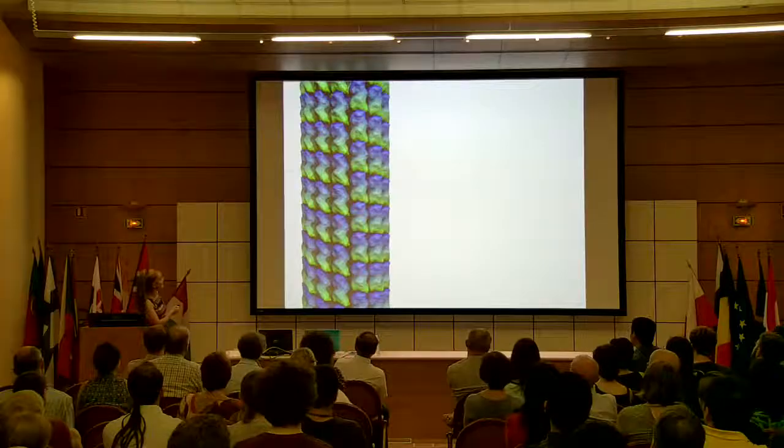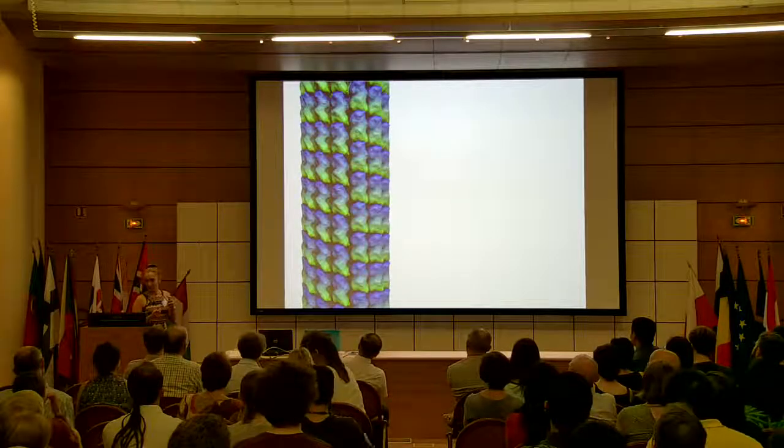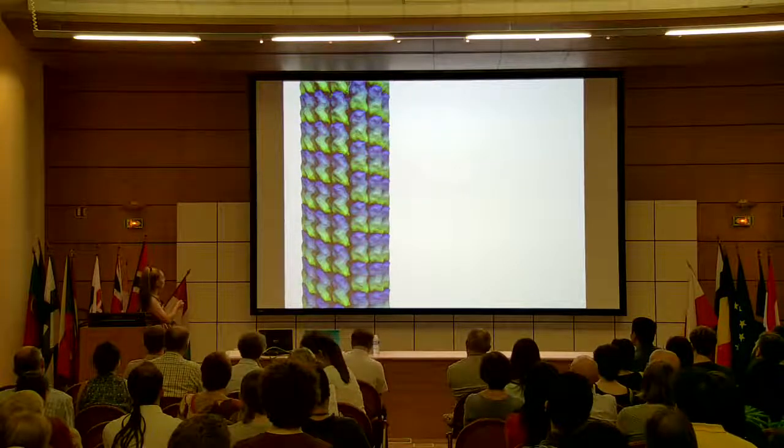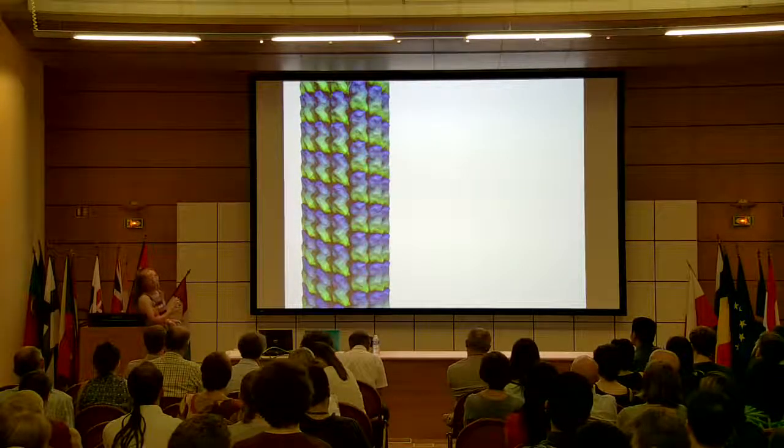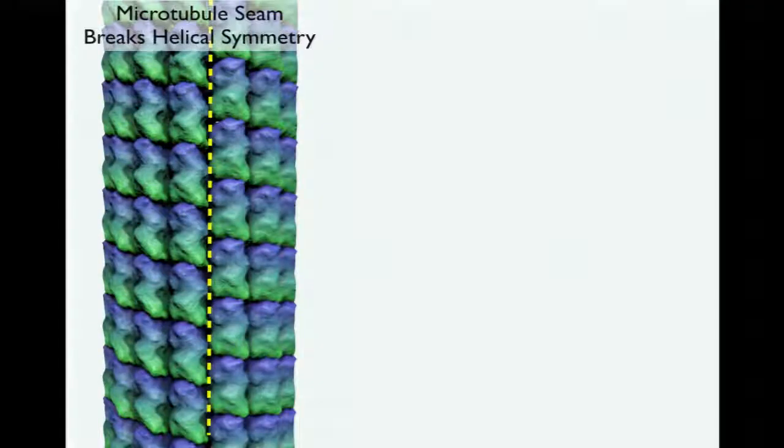The problem is this. You may have noticed that there is something unique in one place in the microtubule. So most lateral contacts between protofilaments are homotypic in nature, meaning the beta subunit interacts with beta and alpha interacts with alpha. But there is a unique position, which we refer to as the seam, in which this breaks down.